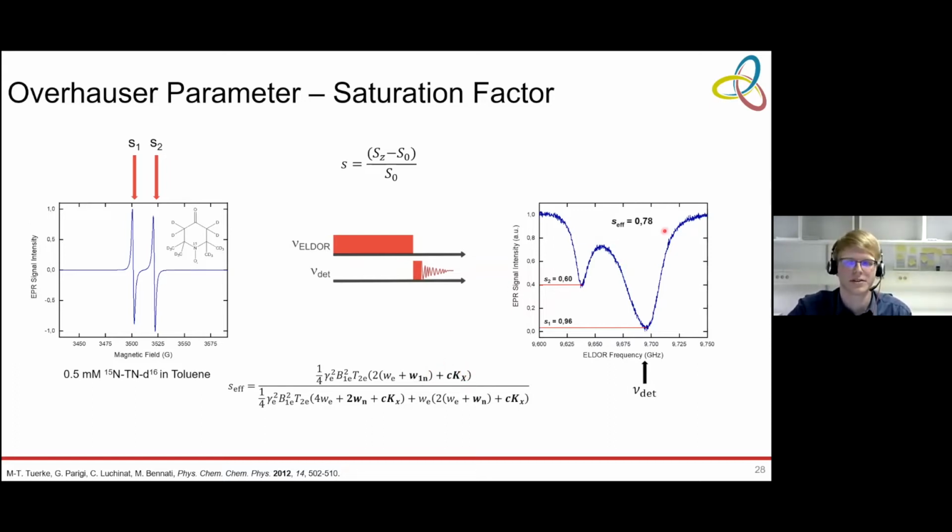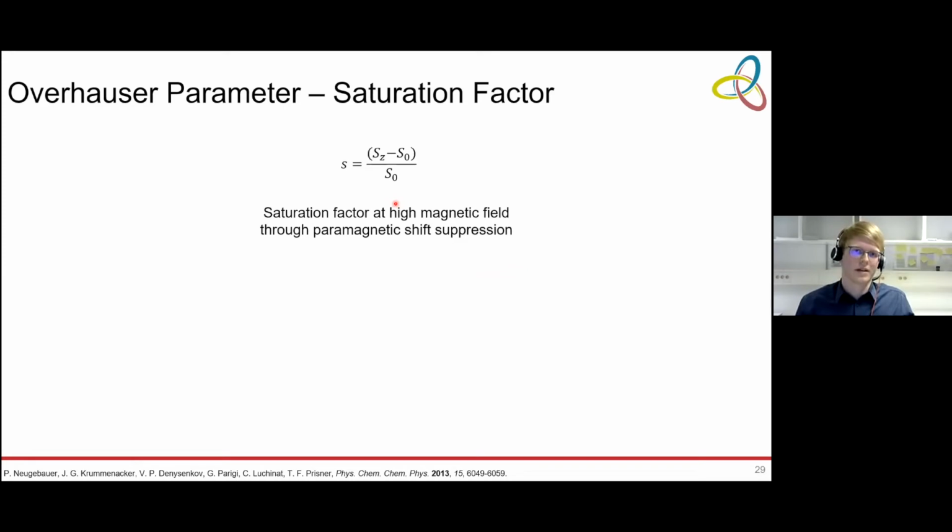So we can eventually achieve a saturation of, in this case, 0.78, can be even much higher, can be up to 0.9, 0.95. So this is one way to measure the saturation if we have EPR pulse capabilities. However, if we want to do that at high magnetic fields, these capabilities are very scarce. And if we want to even do DNP with it, I'm not sure if there's a setup that can do that.